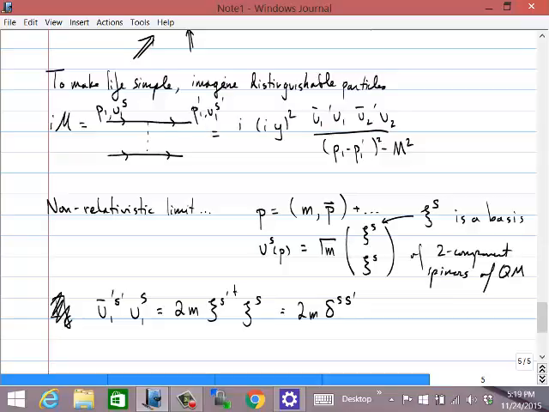In quantum electrodynamics, the situation is going to be more complicated because they're exchanging a particle with spin. The photon has spin 1.